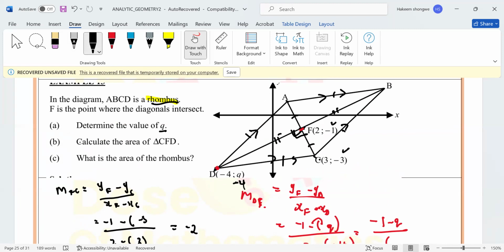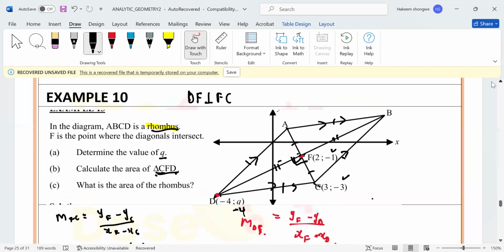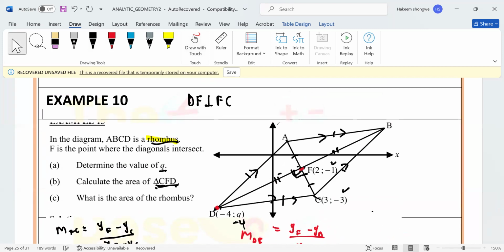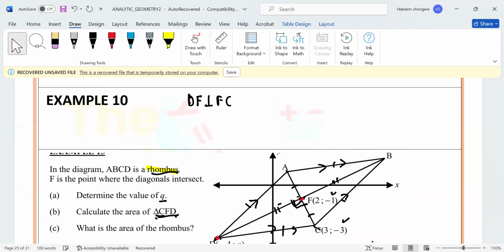Number 2, they say calculate the area. They're going to be calculating the area of triangle CFD. Now, CFD is a right angle triangle. Good news for us, in grade 10 the only area that we're doing is the one of a right angle triangle. We're going to do other areas in grade 11, whereby we can calculate the area of something which is not a right angle triangle. But for now, we're only going to calculate the area of a right angle triangle.